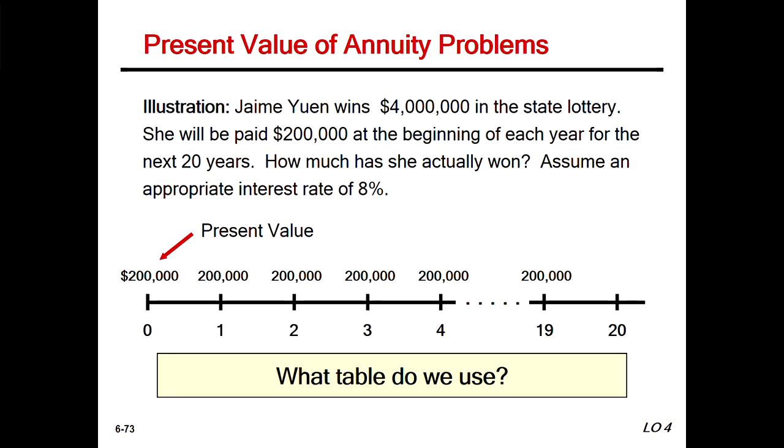So let's take an example. Jamie won $4 million in the state lottery. She's going to be paid $200,000 at the beginning of each year. Remember, in the previous example she was paid at the end of each year. How much has she actually won?